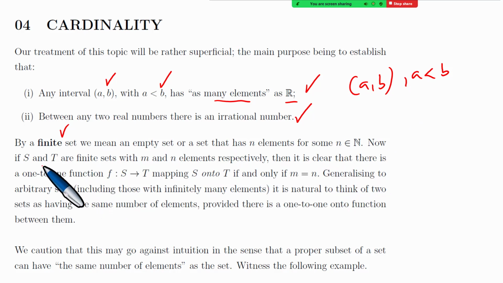Now, if S and T are finite sets with m and n elements respectively, then it is clear that there is a one-to-one function f from S to T mapping S onto T if and only if m equals n.